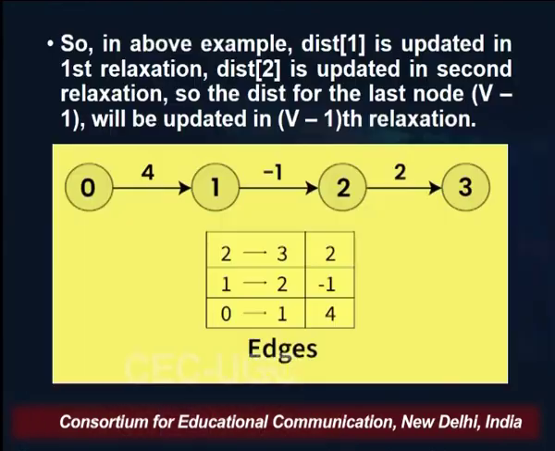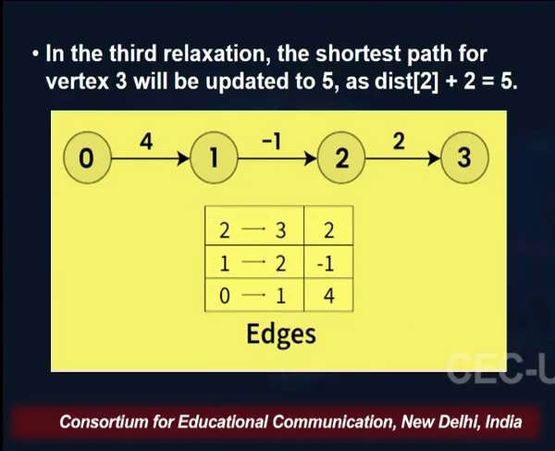So, 3 plus 2 is going to give us 5, and this 5 is obviously less than the current distance, which is presently infinity only. So, in the third relaxation, the shortest path of the vertex 3 will be updated to 5, because the distance to 2 plus the edge weight from 2 to 3, which is 2, is equal to 5, and it is obviously less than infinity.